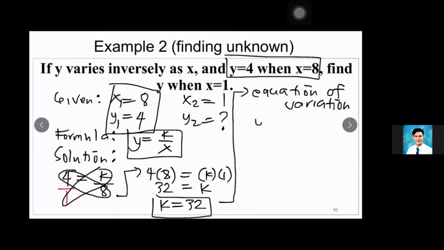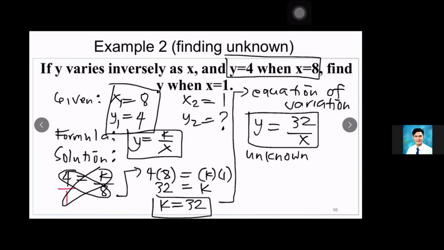It will become y equals 32 over x. Therefore, this is our equation of variation. Now, identifying the unknown, using the second set of our given, we will be substituting it to our equation of variation.